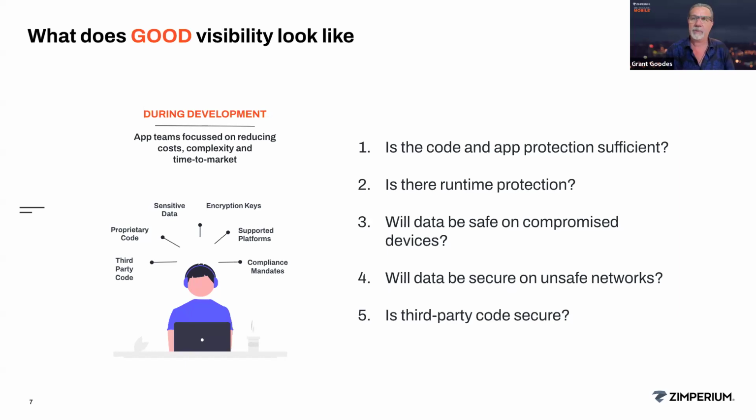Yeah, and third-party code is something unique to mobile, because we know 60 to 70% of code in mobile apps is third party these days, right? You're just borrowing frameworks, whether it be Flutter, Android, iOS, whatever it might be. If it's open source, it's fine.